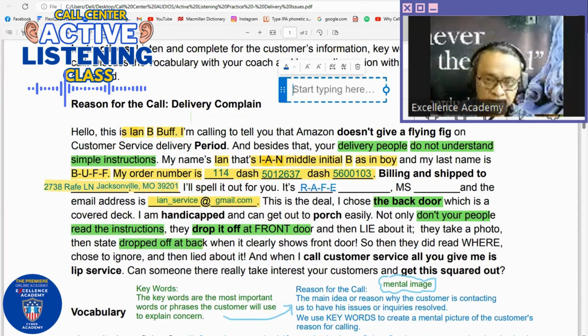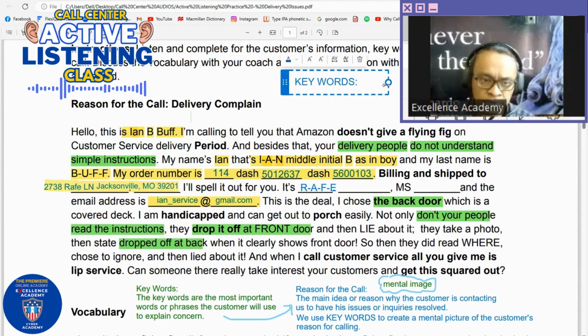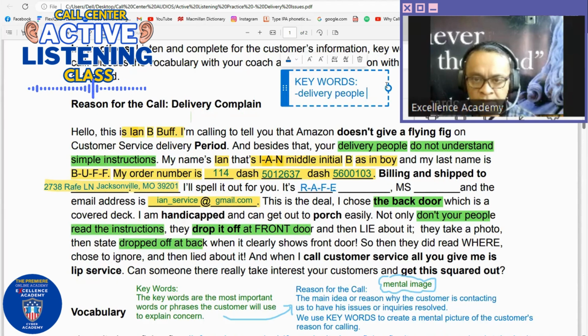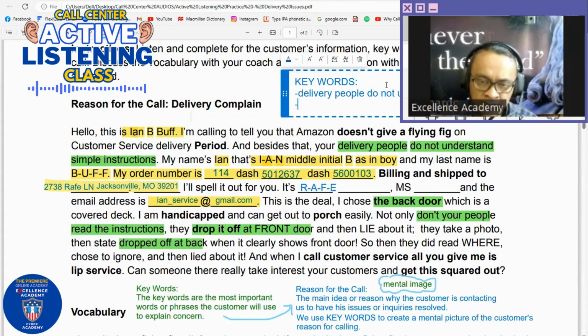Keywords. Okay, so keywords, key phrases for the resolution. We're going to say here, delivery people do not understand instructions. Okay, so here is back door.